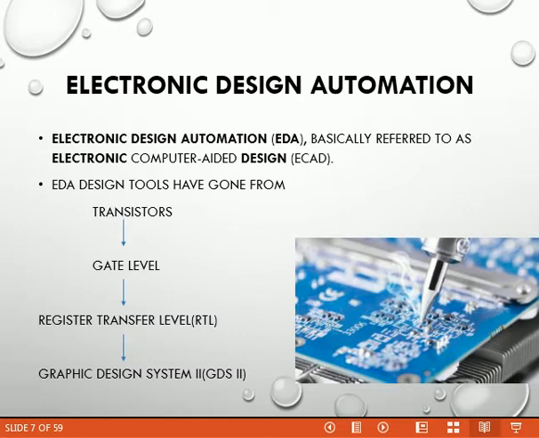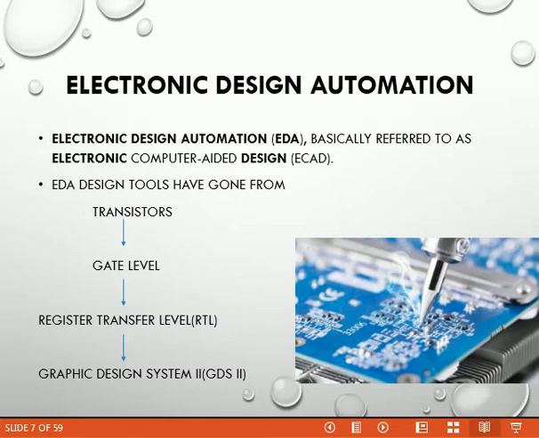That means for designing any complex system we require programmable logic devices, and when we have an optimized solution for a particular system, we have a product which is nothing but an application specific integrated circuit. For both of these we need certain sophisticated electronic design automation.